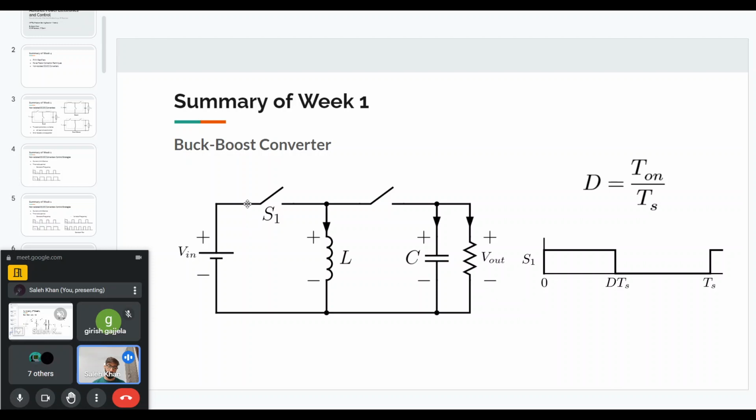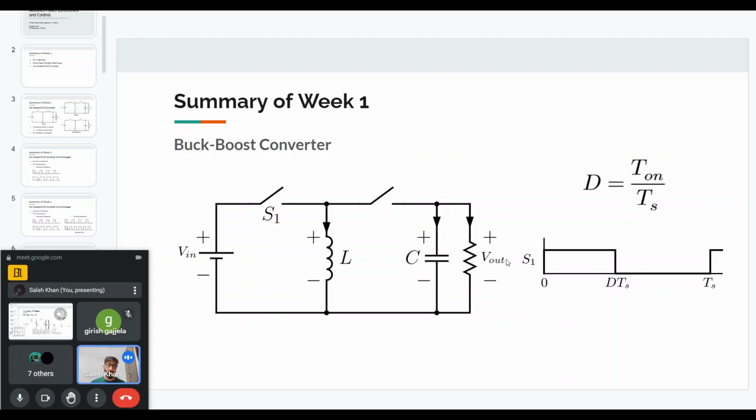And finally, for the S1 switch, I've defined the duty ratio in terms of the S1 switch. The ratio of the on time of this switch divided by the total time, the on time plus off time, that is the duty ratio. And I'm taking the switching frequency as constant. So this 0 to TS will be periodic, it will be repeated.